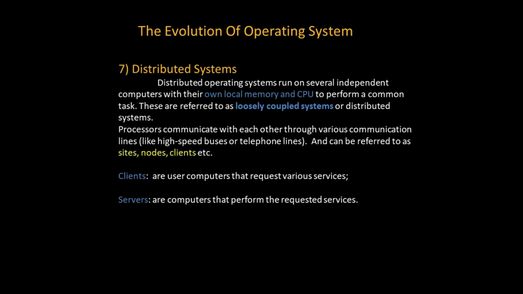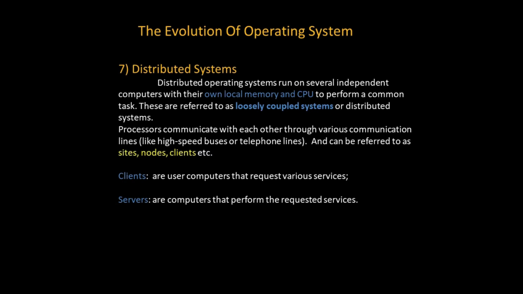Here we see that distributed operating systems run on several independent computers with their own local memory and CPU to perform a common task. These are referred to as loosely coupled systems or distributed systems. In distributed systems, processors communicate with each other through various communication lines like high-speed buses or telephone lines and can be referred to as sites, nodes, clients, etc. When we talk about clients, we are talking about user computers that request various services.